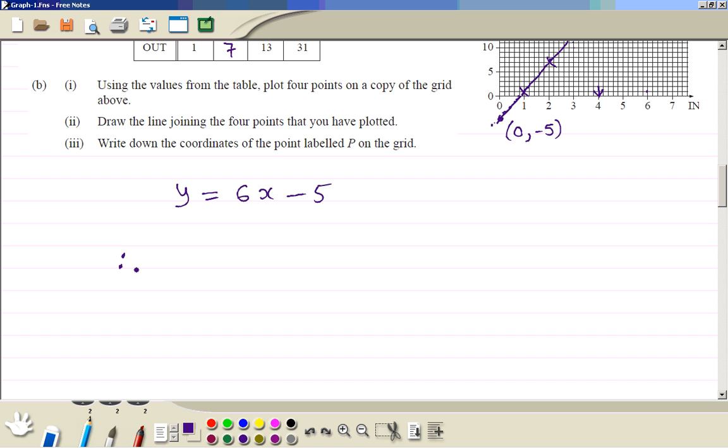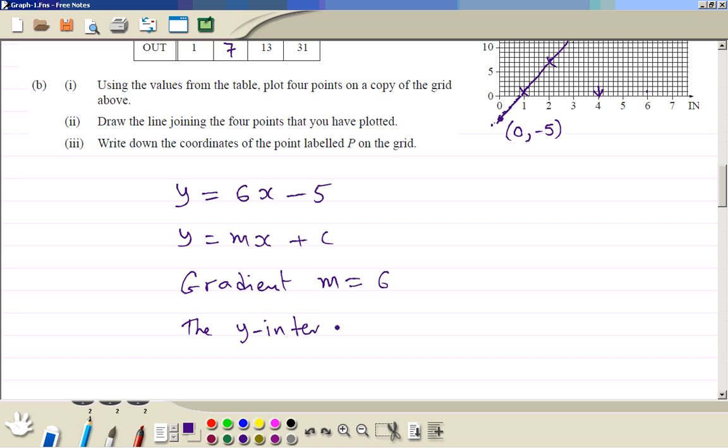So therefore, comparing to the standard equation mx plus c, we have the gradient m equal to 6, the y-intercept which is minus 5, or we write the coordinates of it as 0, minus 5.